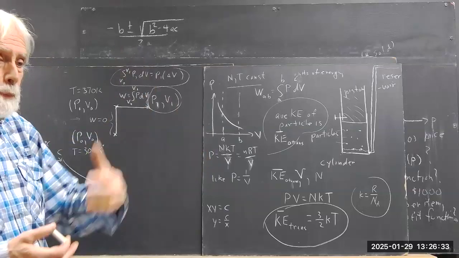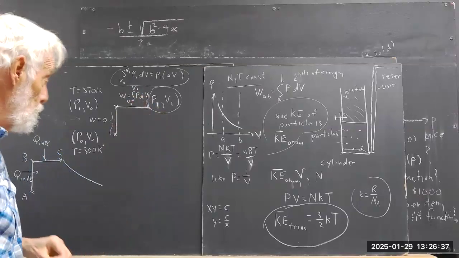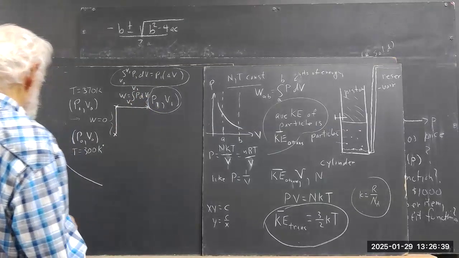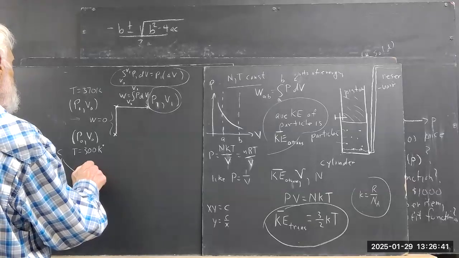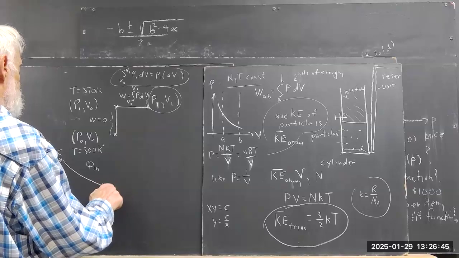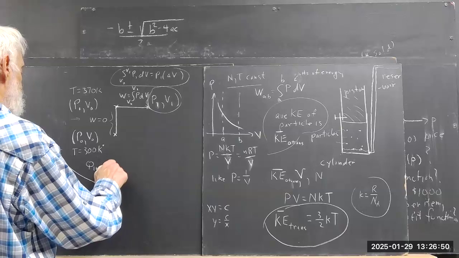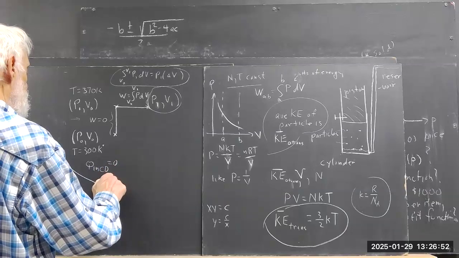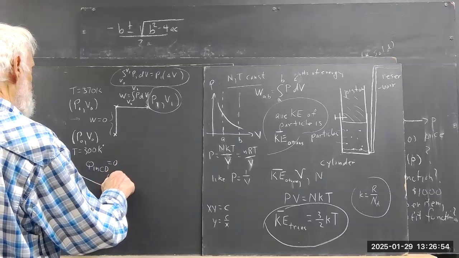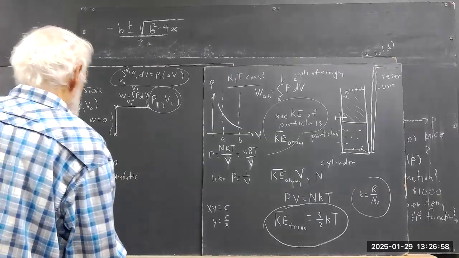The quick expansion, which is what we probably use, is called adiabatic. And no heat goes in. We go from state C to state D. It's adiabatic.